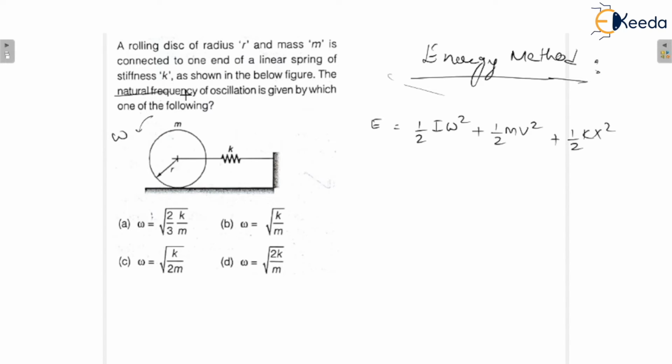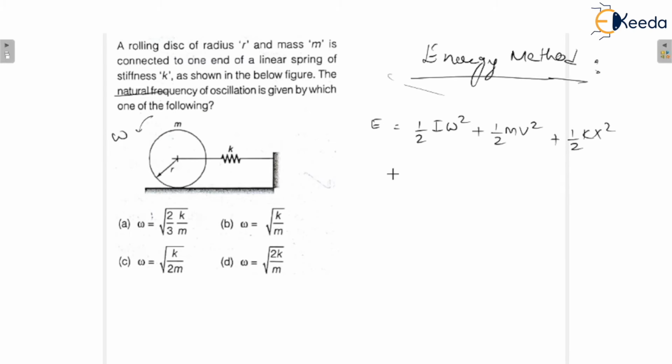If there is kinetic friction, there will be a loss of energy. Since we are not considering kinetic friction, energy will not be lost. If the energy is not lost, that means energy remains constant, so the differentiation of energy with respect to time is equal to 0.